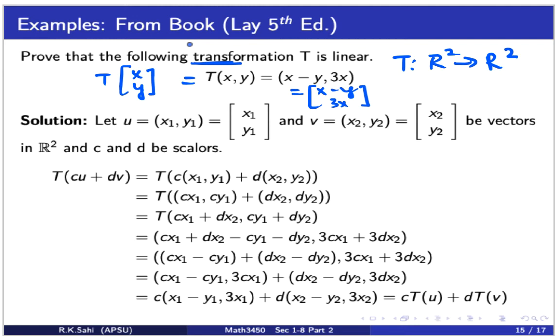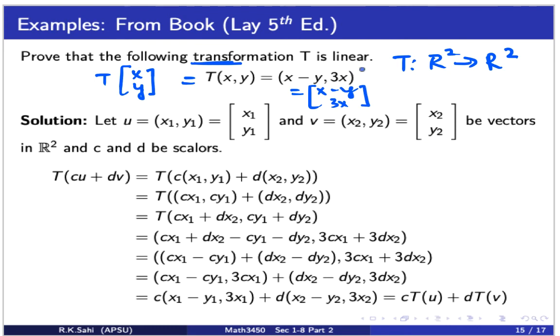There's a difference between transformation and a linear transformation. Transformation is any general mapping from a set to a set with certain rules. A linear transformation adds more constraints. It says that the transformation preserves vector addition and preserves scalar multiples.